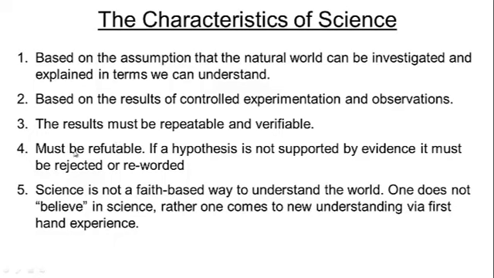Now, I'm going to talk a little bit about the idea that it has to be investigated. A characteristic of science is that the natural world has to be investigated and explained in terms that we can understand. Let's say somebody comes up with a theory that the moon is populated by little green men who can read our minds, and they're going to hide anytime anyone on Earth looks for them.